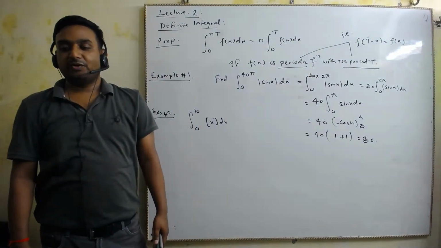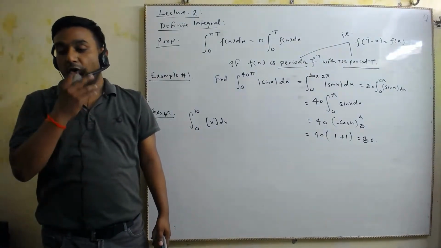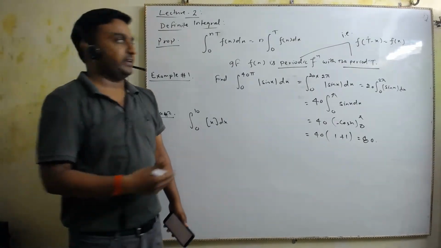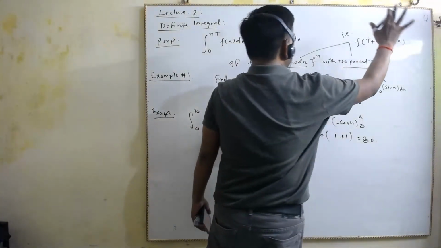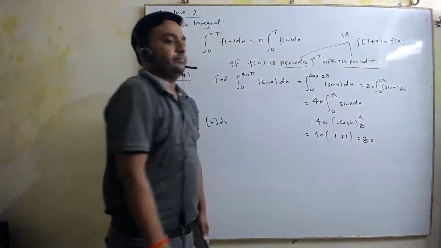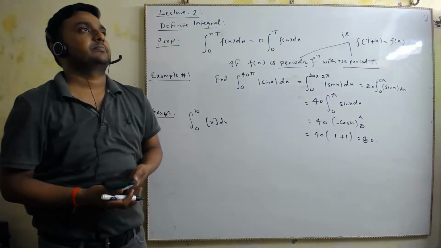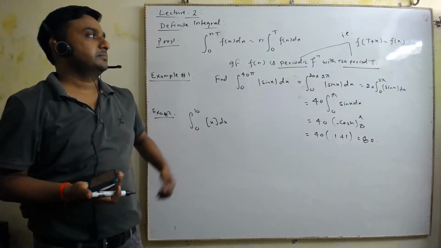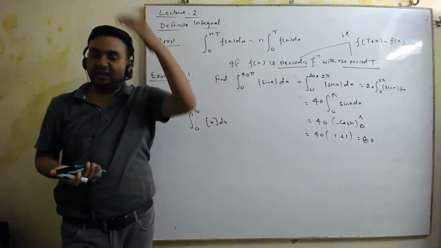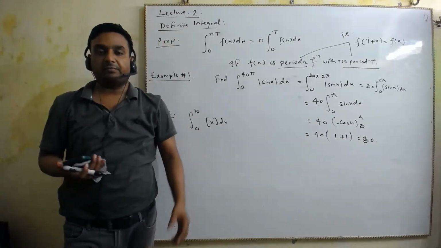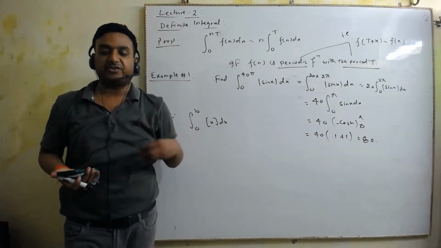Because sin of 2 pi plus x, f of T plus x. Periodic means after that particular interval the function repeats its nature, its behavior.